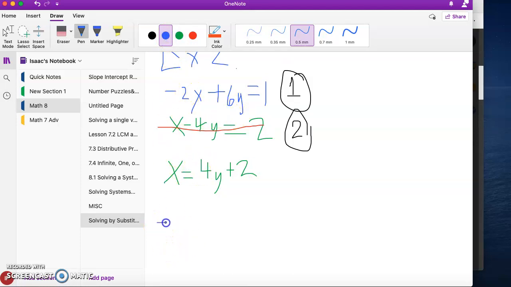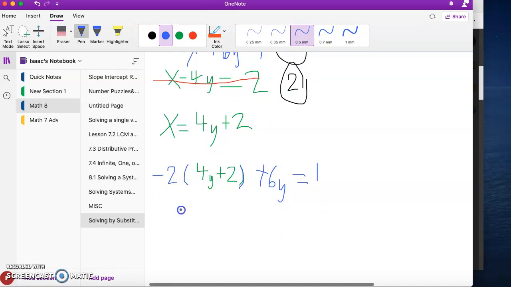So now I've got negative 2 times whatever x equals, so that's 4y plus 2, plus 6y equals 1.